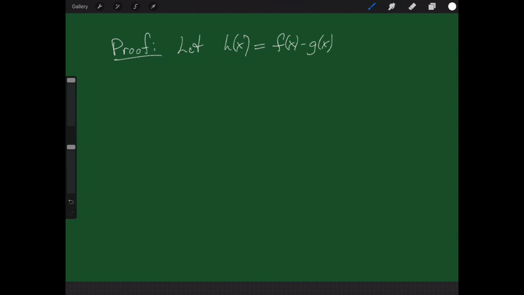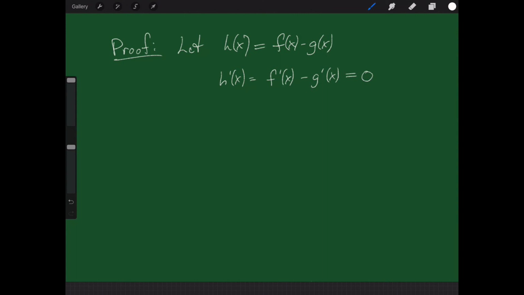Okay, now let's take the derivative. So h prime of x is equal to f prime of x minus g prime of x. Okay, now we know that f prime of x and g prime of x, those are the same thing. We said that f prime of x is equal to g prime of x, so this is equal to 0.